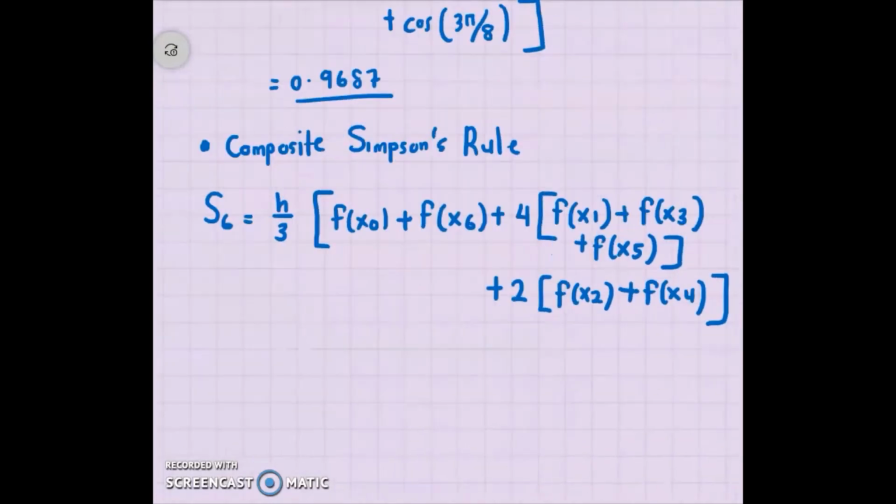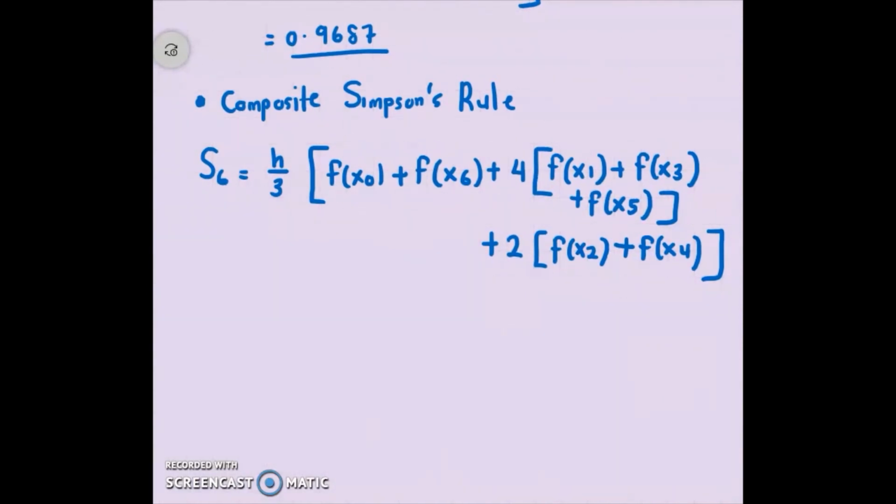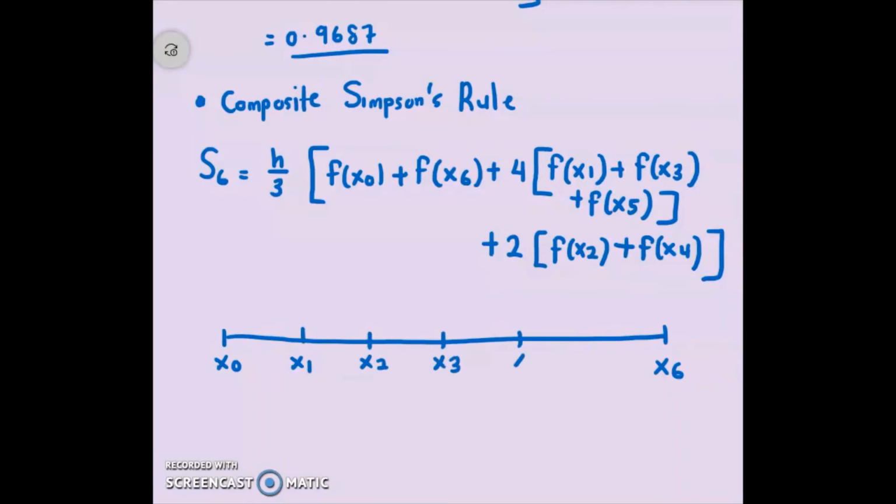If you're not sure what x1, x2 are, just look at your interval again. You have from x0 to x6, which is my xn, and x1, x2, x3, x4, and x5 in between.